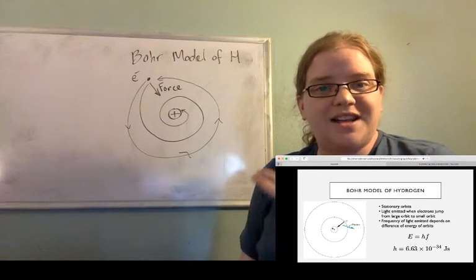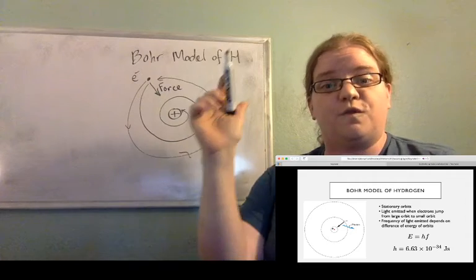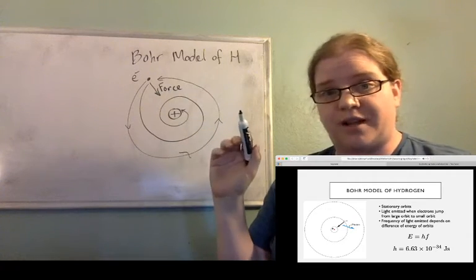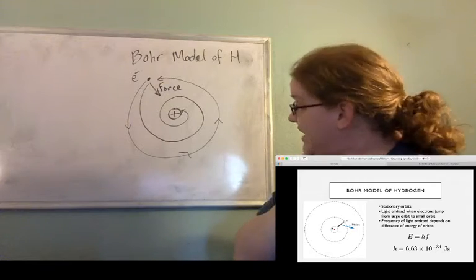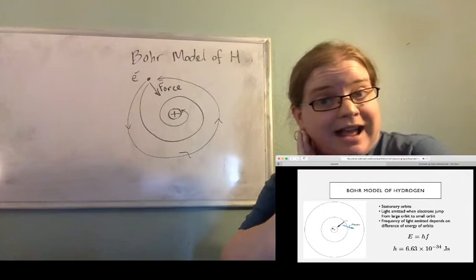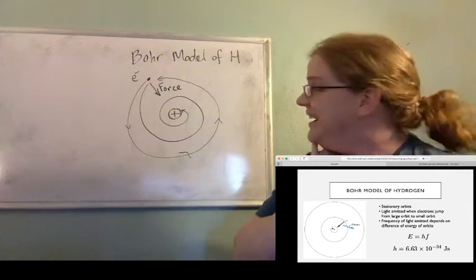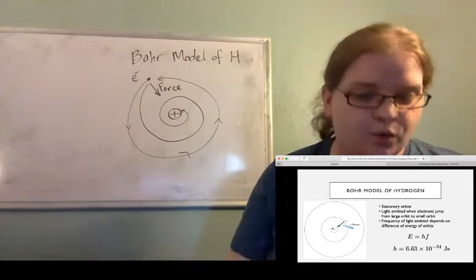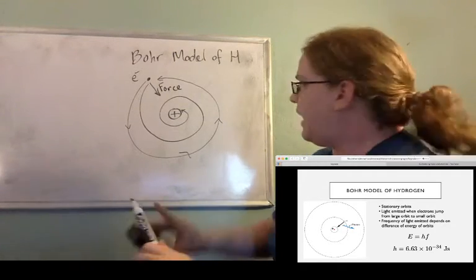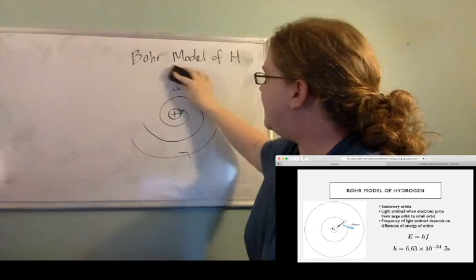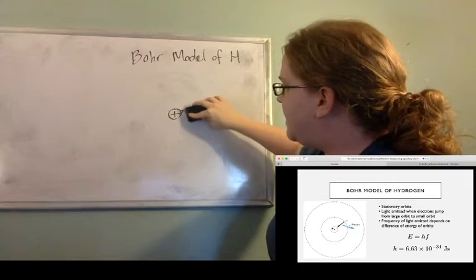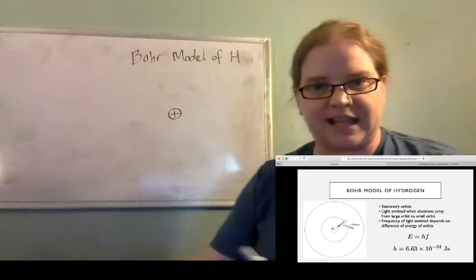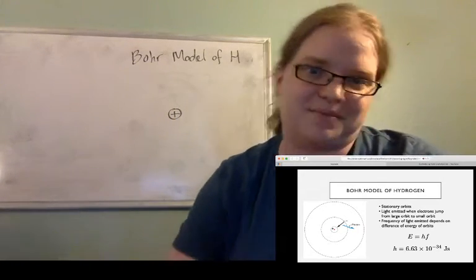So if you try to literally have an electron move in a circle around a proton, it does not work. It spirals in and crashes, and that's not an atom, okay? That does not work, so we're not allowed to do that. Fundamentally, we cannot think about atoms with the same physics that I've been teaching you all semester.